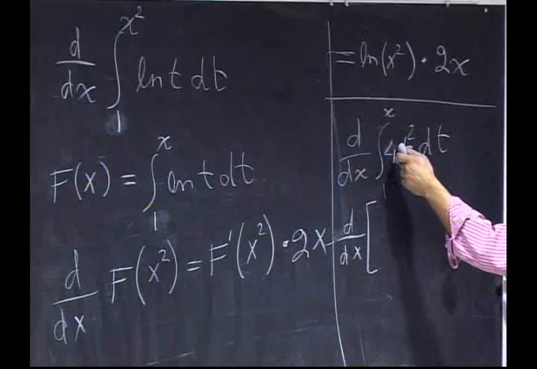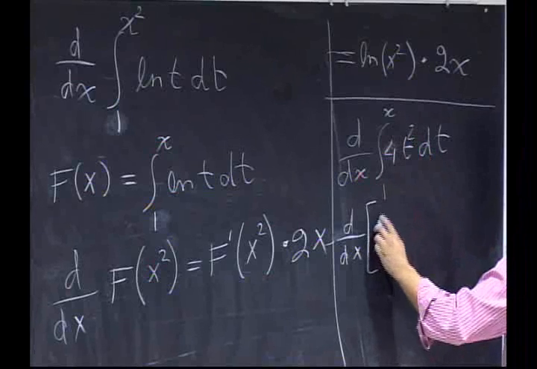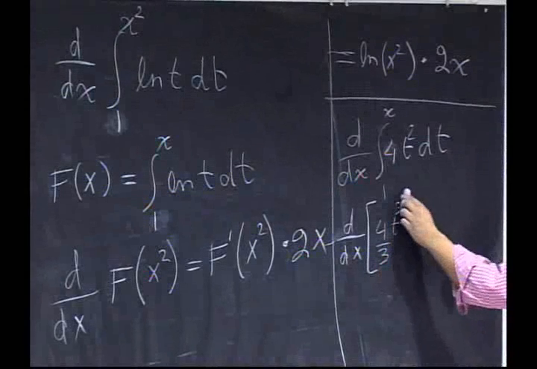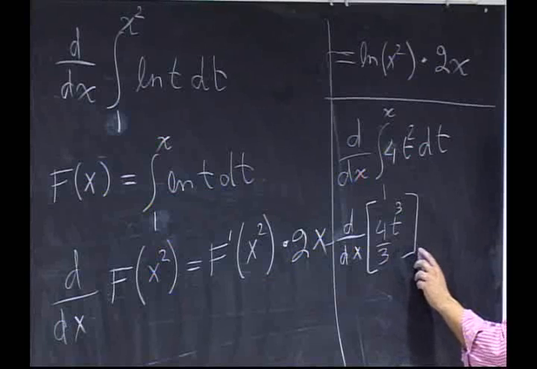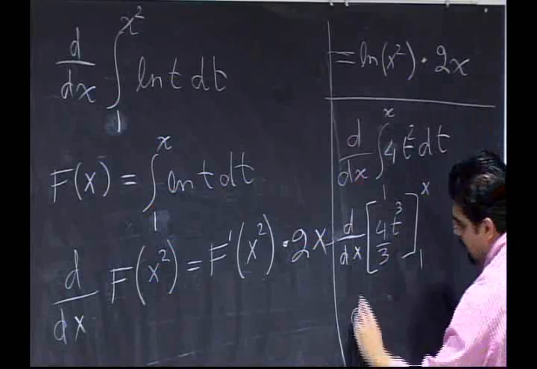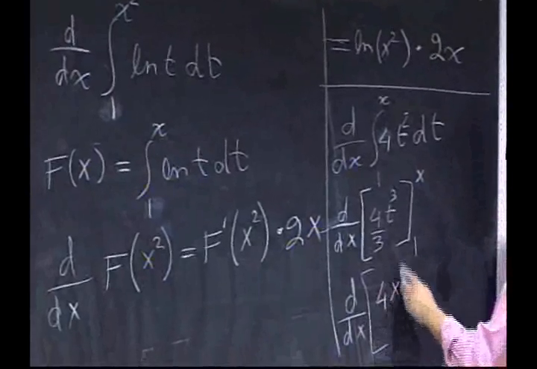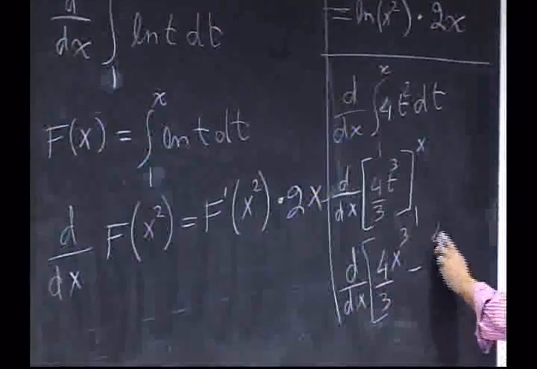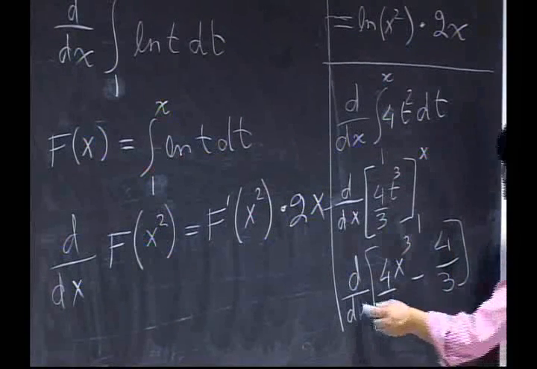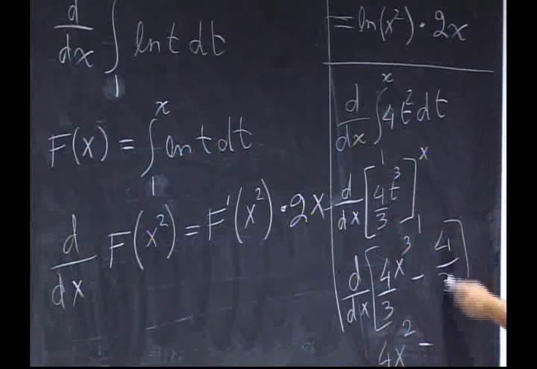What's the integral of 4t squared dt? 4t cubed over 3. And you want to evaluate that from 1 to x. So then that would be 4 over 3 x cubed minus 4 over 3. Now the derivative of this is 4x squared. The derivative of this is 0.